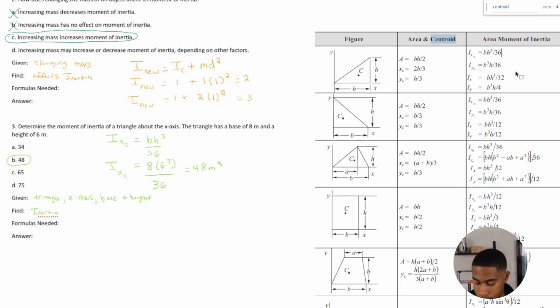So if this would have said determine the moment of inertia of a triangle about the y-axis, then we would have used this equation instead, right? But since it was about the x-axis, that's why we chose this one.